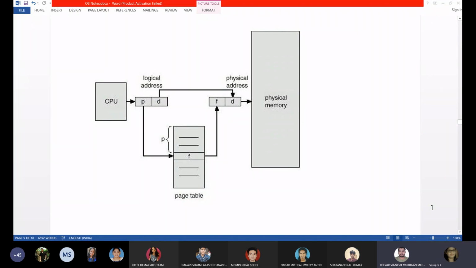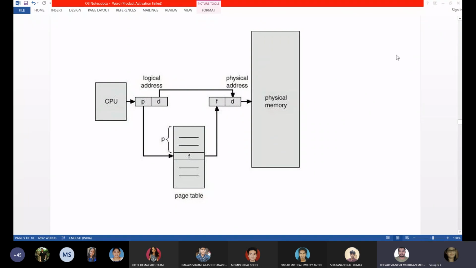So either the program will be split into fixed partitions, or the program will be split into varying partitions. Based on these two, splitting the program into fixed partitions to store in the main memory, or splitting the program into varying sized partitions to store in the main memory, there are two virtual memory management techniques.